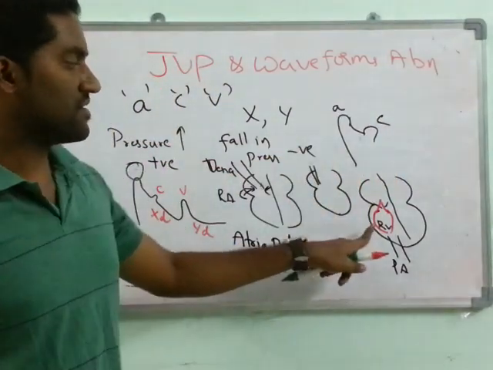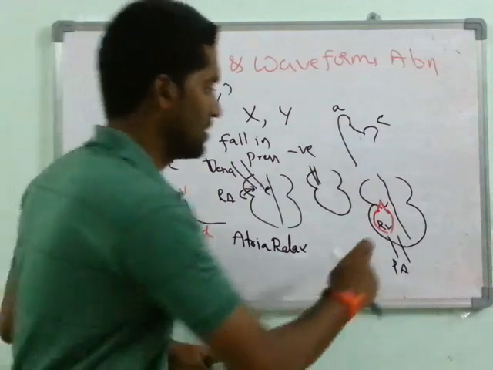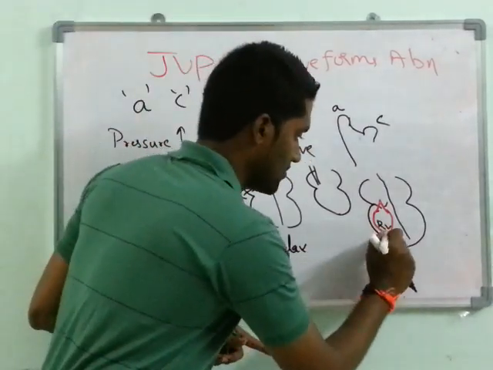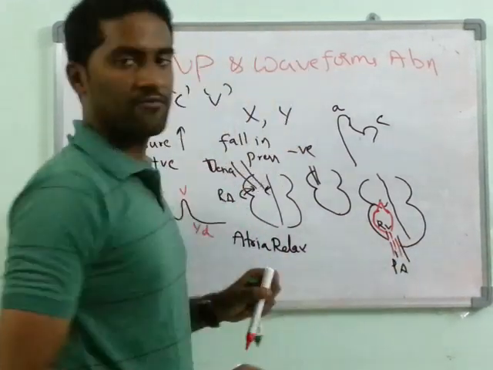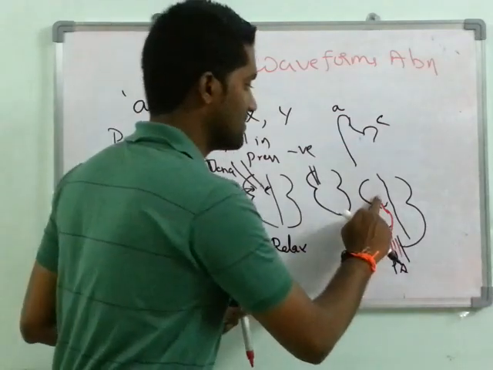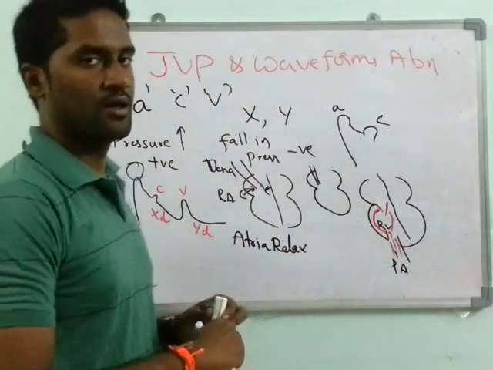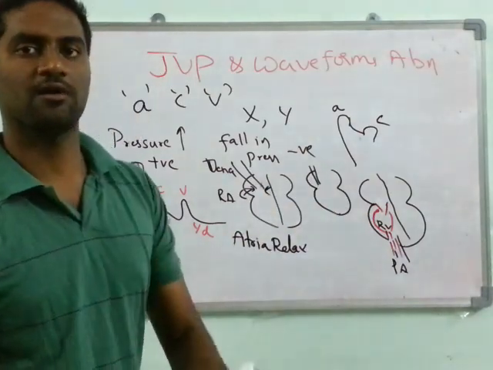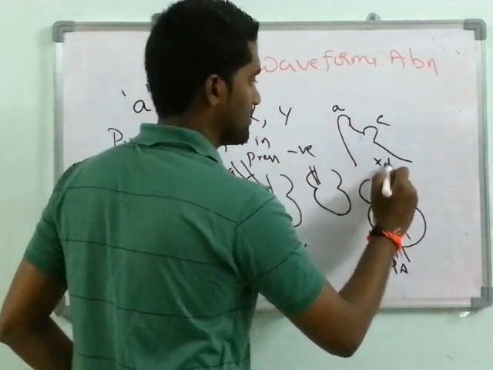Now when the pressure increases in the right ventricle, at some point the semilunar valves open and blood flows in this direction. The pressure is relieved and the valve comes back to its normal position. Again there is a fall in pressure, so this accounts for the X descent.